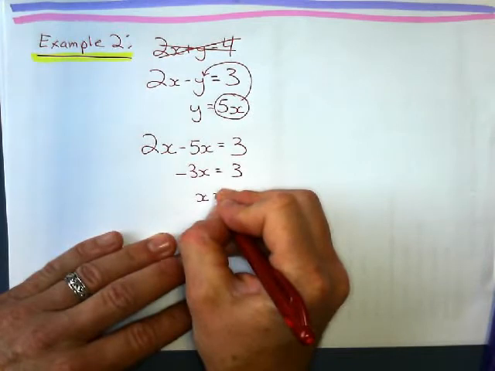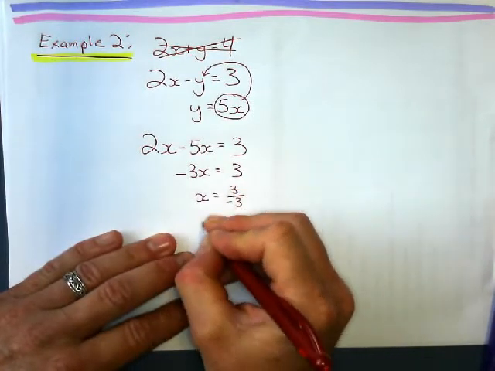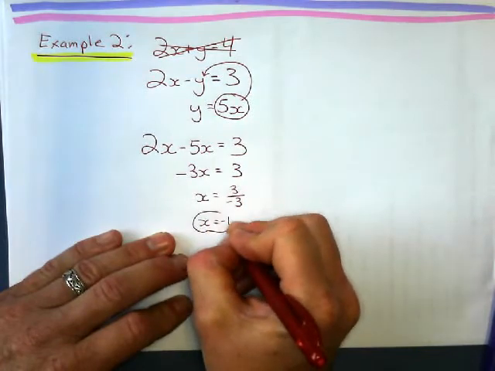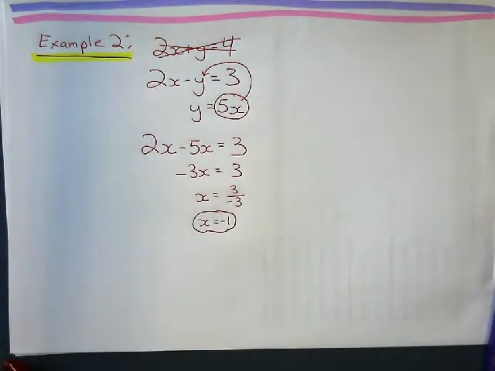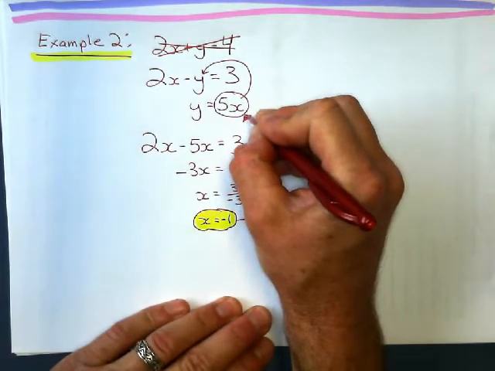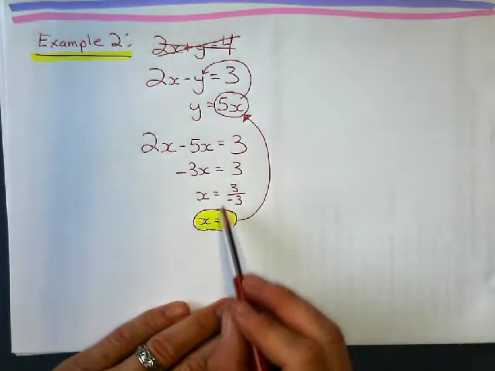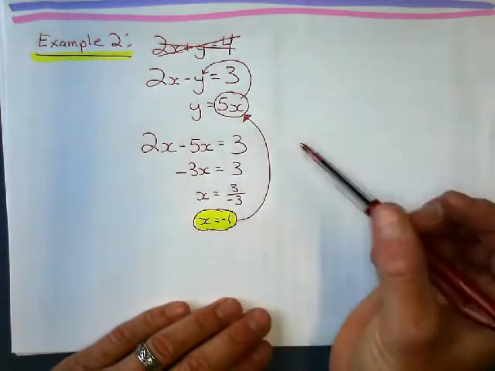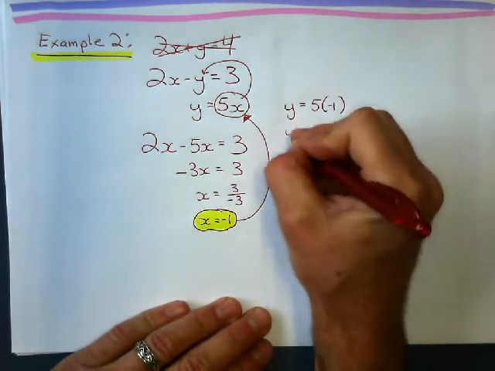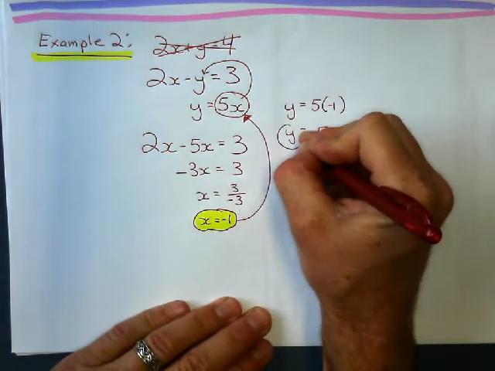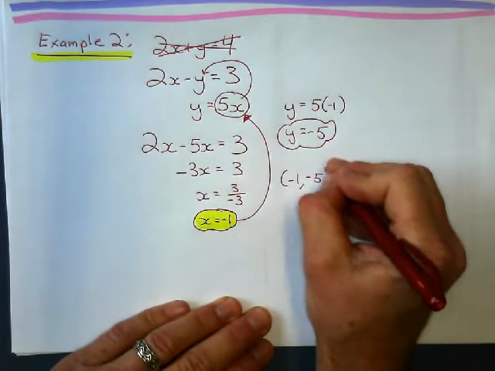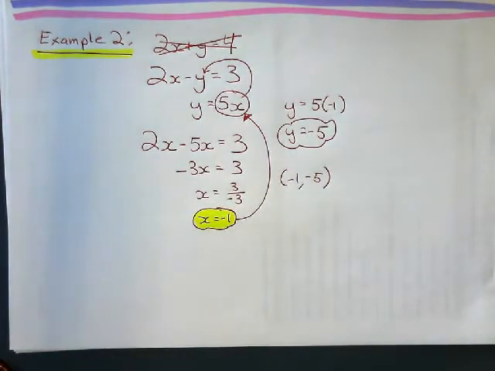And then I divide by negative 3, which gives me negative 1. And I take that and substitute it into the equation that has y by itself. Not that equation, this one. So y equals 5 times negative 1, which means y is negative 5, of course, which means my point of intersection is negative 1, negative 5, much quicker than graphing it.